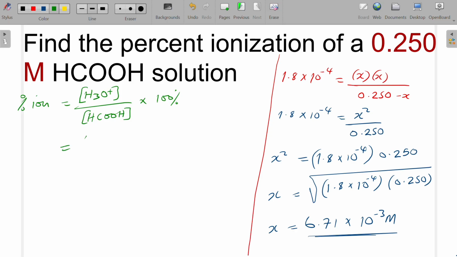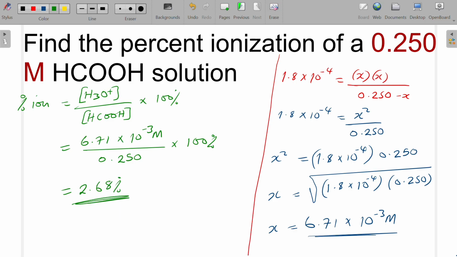We found the hydronium ion concentration to be 6.71 times 10 to the power of minus 3 molar concentration. This is dividing by 0.250, which is the concentration of the acid, and this whole thing must multiply by 100%. When we do our mathematics, according to what I'm getting here, I have 2.68%. So this is the percentage ionization.